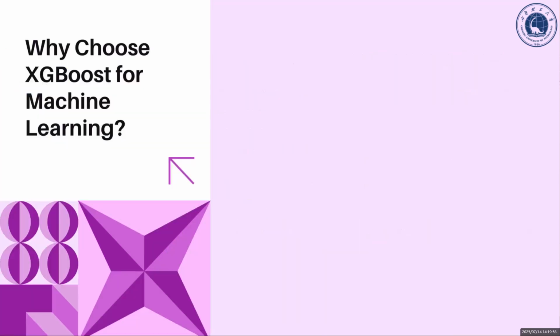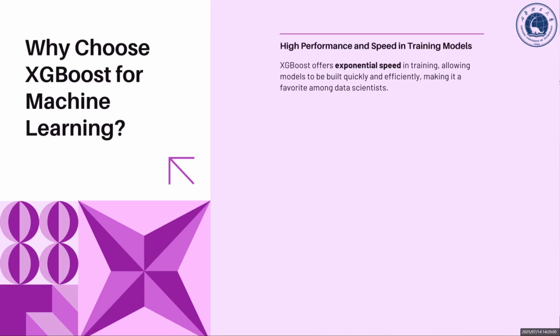Why choose XGBoost for machine learning? Now, one thing I want you to note is its high performance and speed in training models. XGBoost is said to offer exceptional speed in training, which allows the model to be built quickly and efficiently within a stipulated time, which makes it a favorite of ML scientists and engineers.